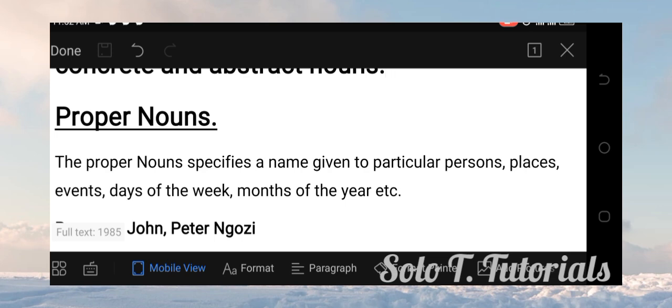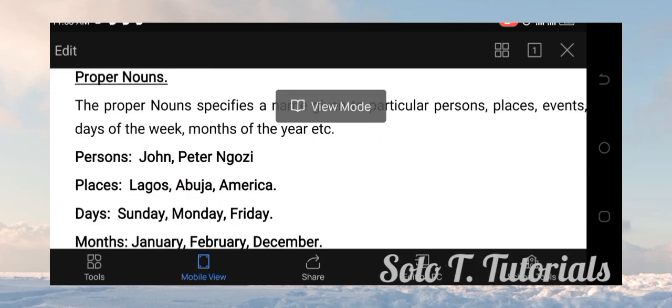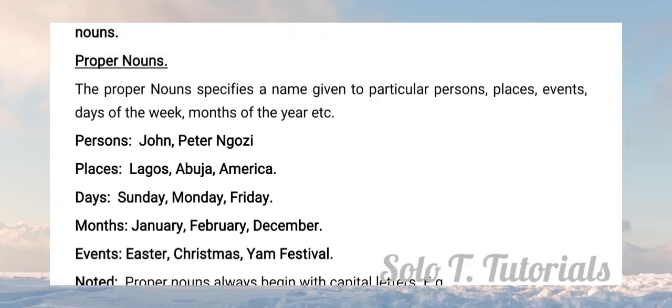Proper nouns specify a name given to particular persons, particular places, particular events, days of the week, and months of the year, etc. The particular names of persons include John, Peter, Ngozi, etc. The particular names of places: we have Lagos, Abuja, America.